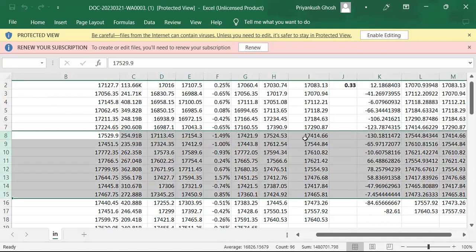Focus on column E, column I and column H. So 17,154, 414, 524: which is nearer?